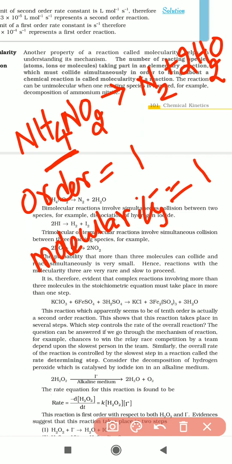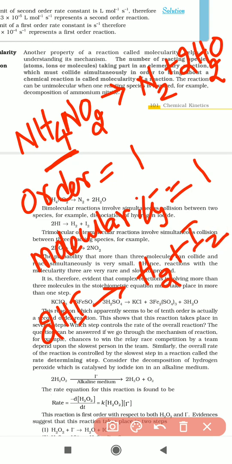For example, if you take 2 moles of hydrogen iodide decomposing to give H2 plus I2, iodine is forming. So what is the order of reaction? The order of reaction for this is 2. That means it is a second order reaction. What is the molecularity of this reaction?